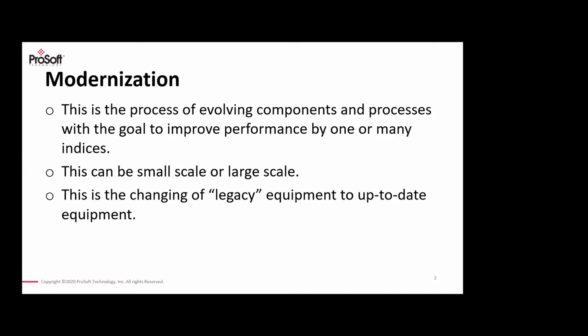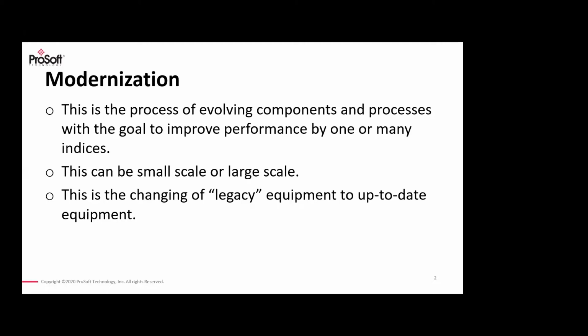So what is modernization? Industrial equipment will always be required to evolve with time. This is in order to meet the growing need for efficiency and reliability from a plant point of view. Modernization is the realization of that evolution, the change from old to new.